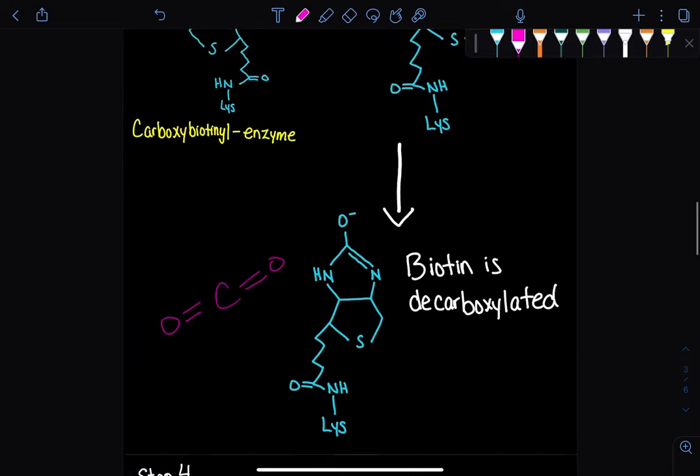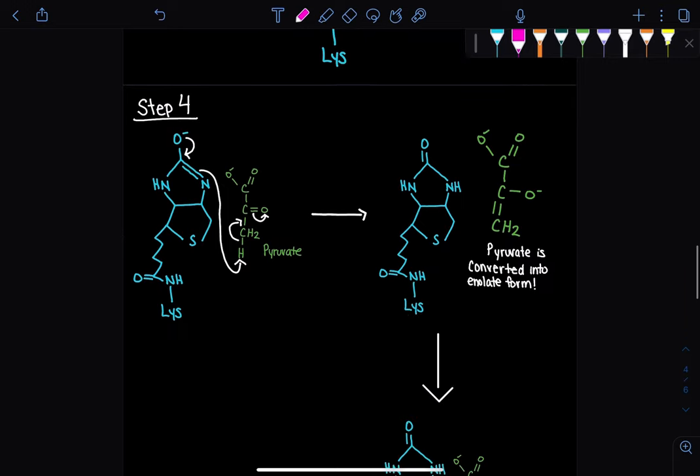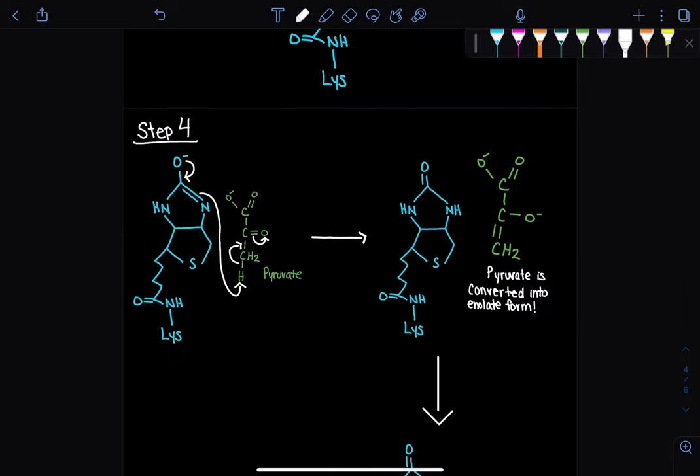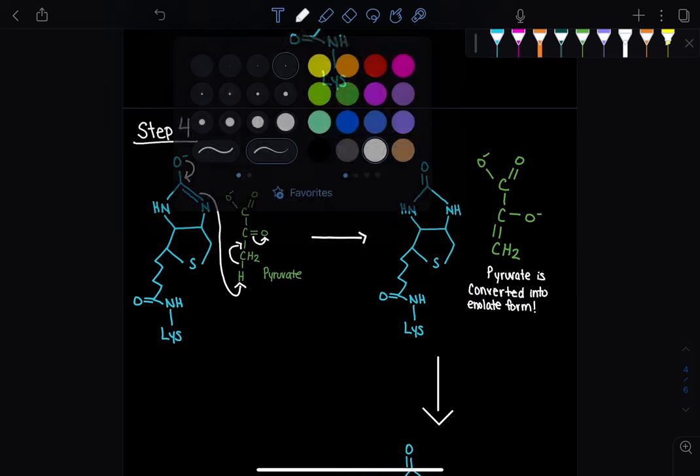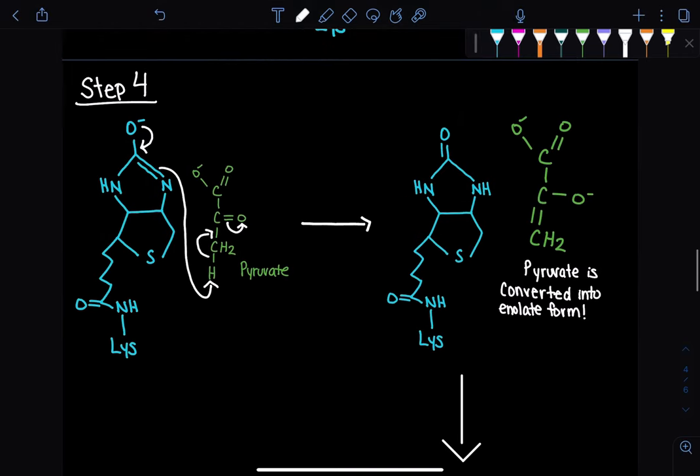Now we're going to go back down and take a look at what happens next. So now we're still in the second active site. Now we see the interaction between pyruvate and biotin. Pyruvate has on this carbon right over here 3 hydrogens.